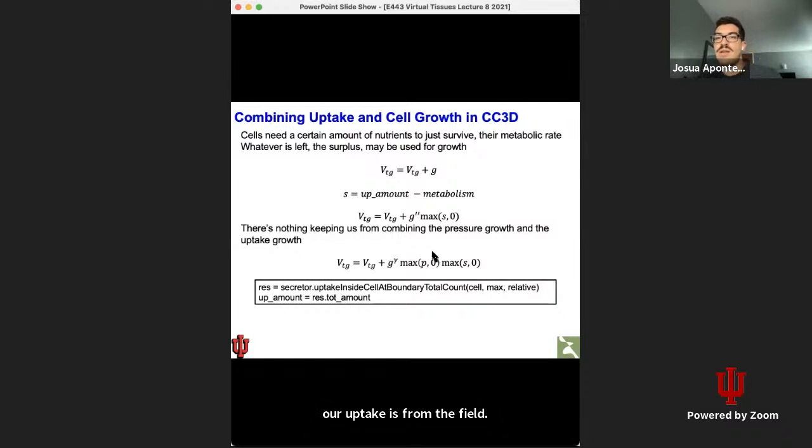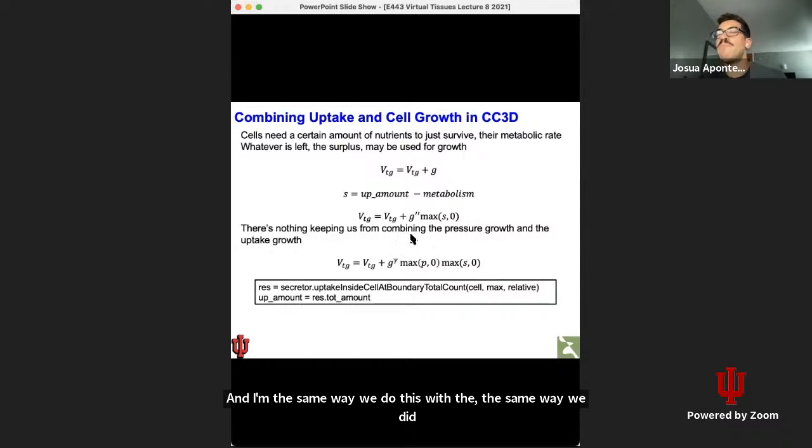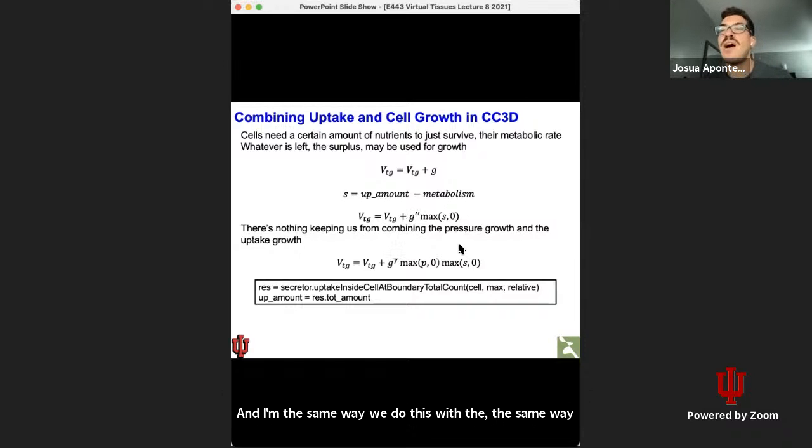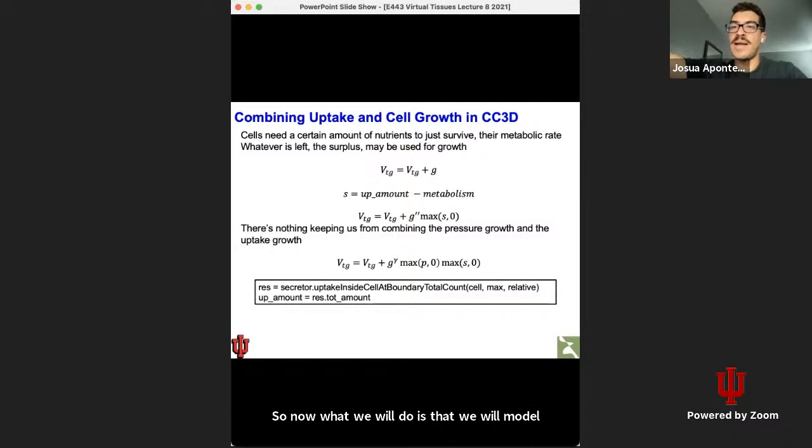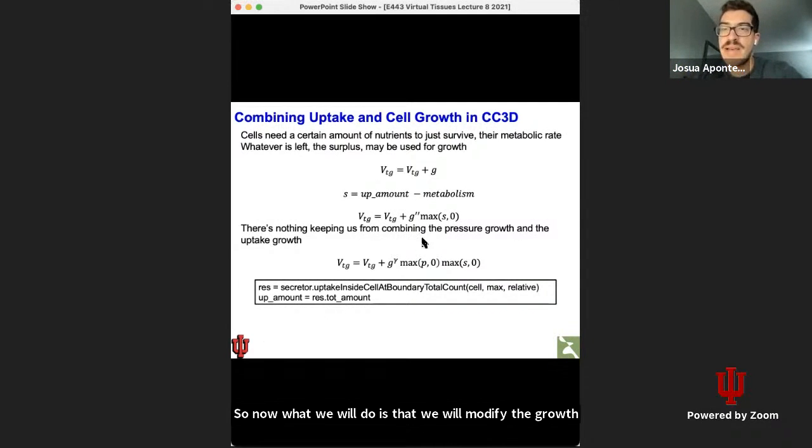It's the same way we did with the pressure, where we modified how fast the cell was growing by how much pressure the cell was experiencing due to the difference in target and actual volume. Now we will modify the growth rate by how much of the resources the cell is taking up.